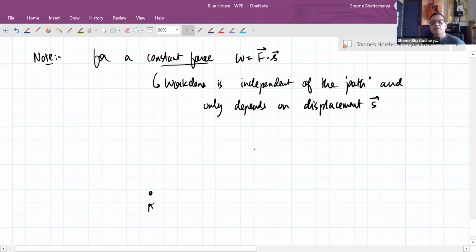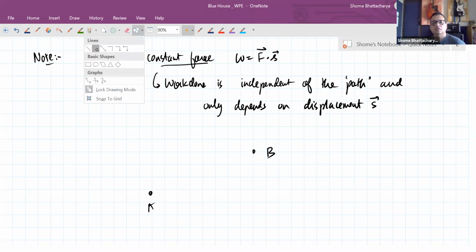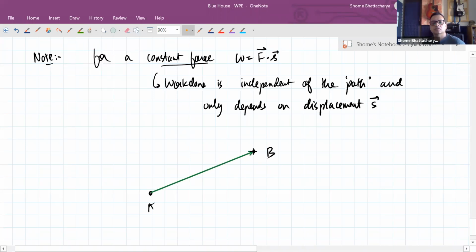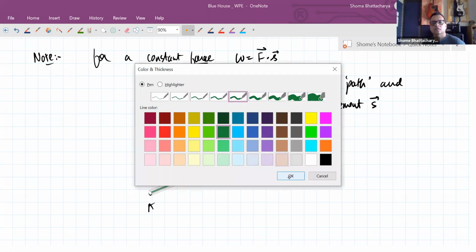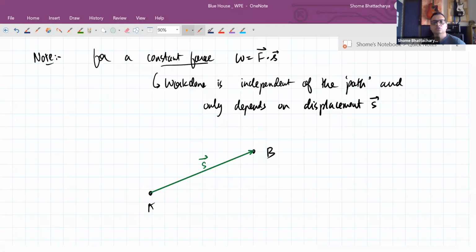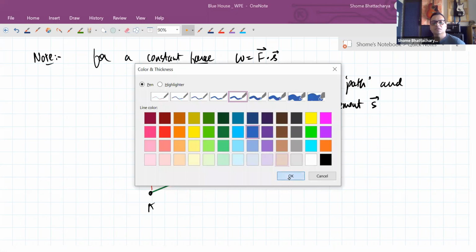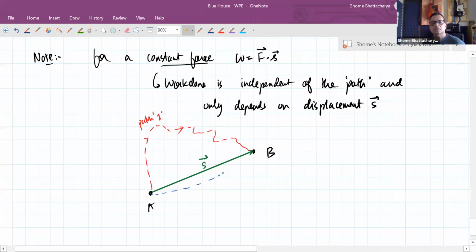So if we are going from point A to point B, my displacement vector is this one. But if I choose two different paths, I have one path which is going like this, this is path one, let's say, and I have another path which is considerably simpler, going directly like this.